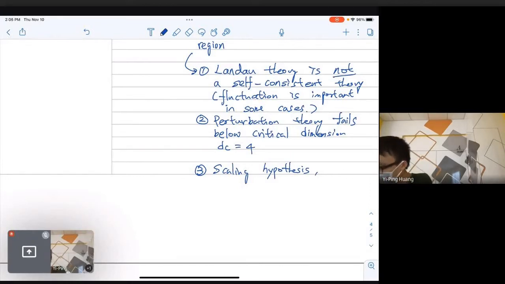The most important information that the scaling hypothesis tells us is that the critical exponents are not independent.